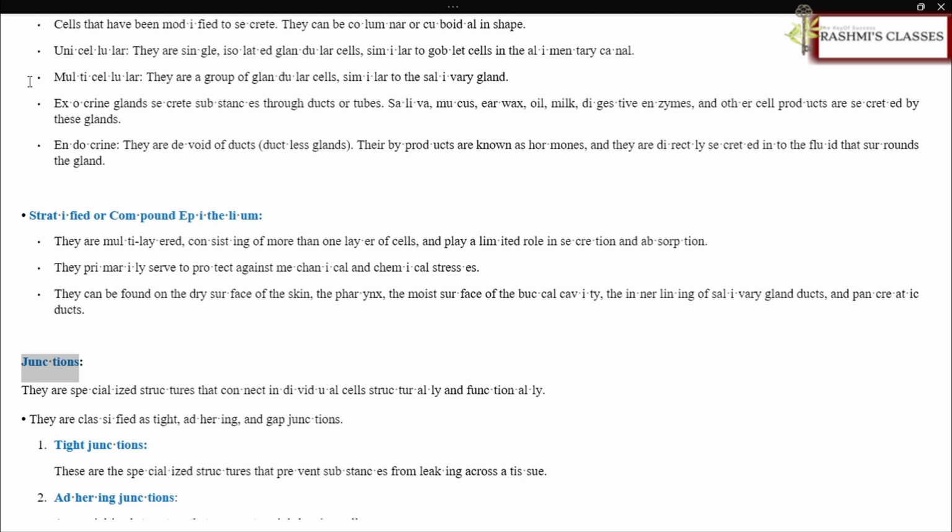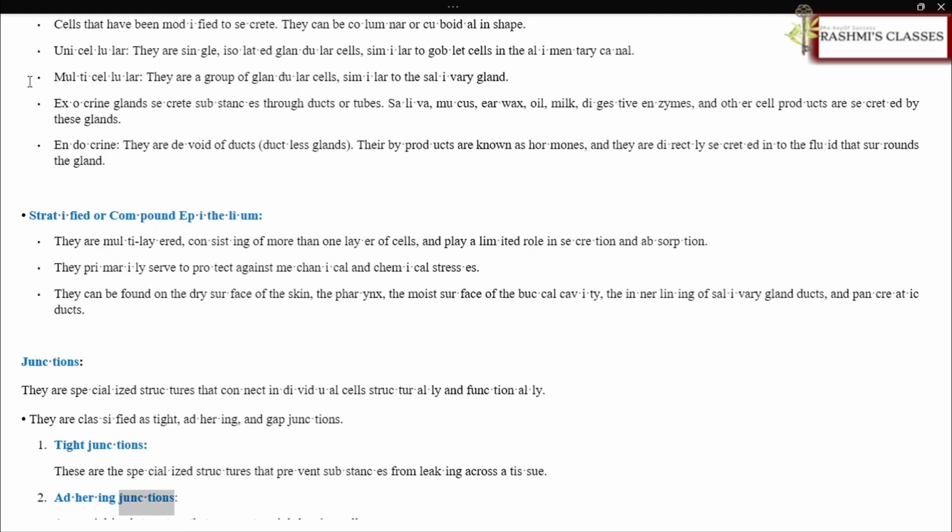Junctions. They are specialized structures that connect individual cells structurally and functionally. They are classified as tight, adhering, and gap junctions. Tight junctions. These are the specialized structures that prevent substances from leaking across a tissue.